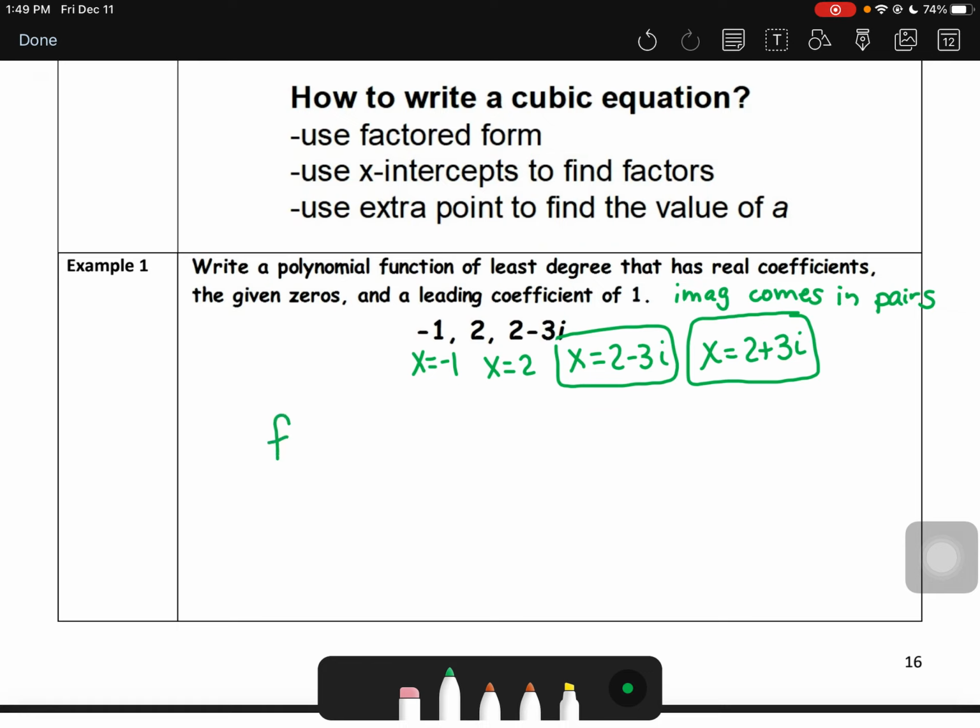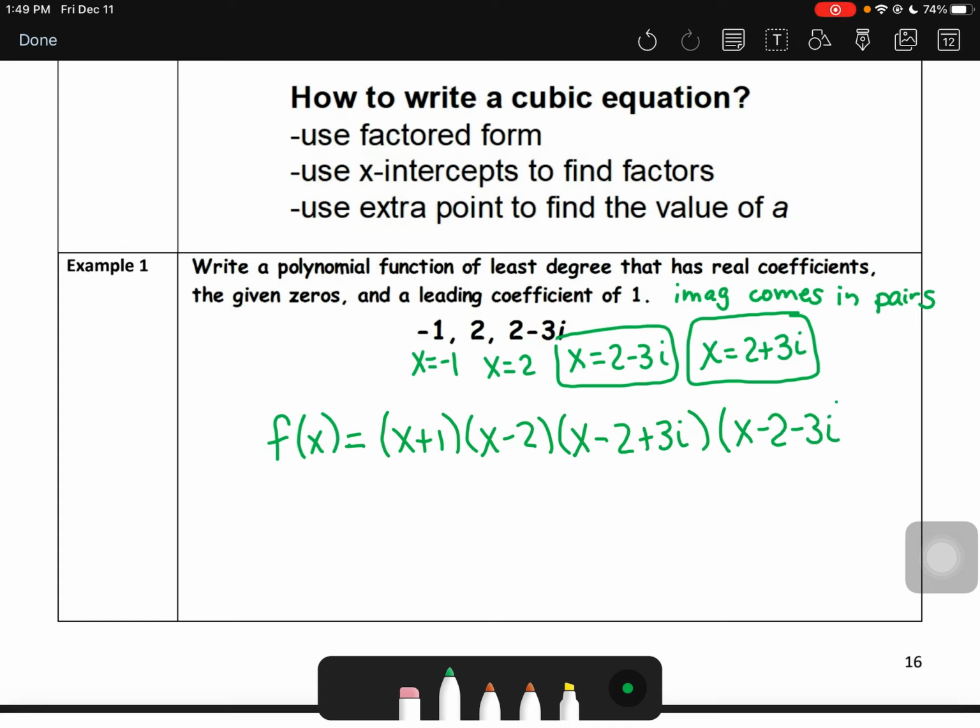We know that our leading coefficient, our a value, is 1. So since these are our solutions, we bring the solution to the other side, which then becomes our factor. So we would have x plus 1, x minus 2, x minus 2 plus 3i, and x minus 2 minus 3i. And that's a review from our previous section.